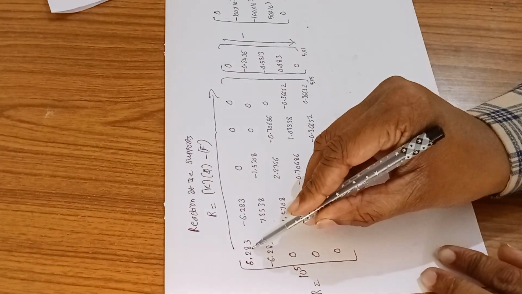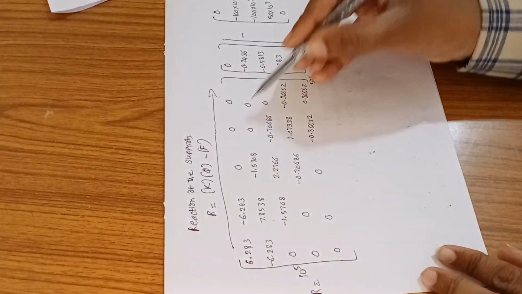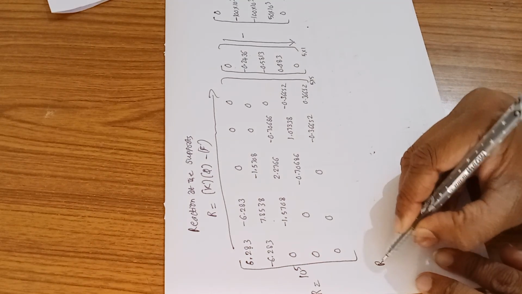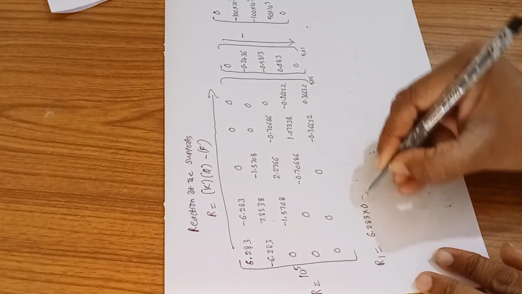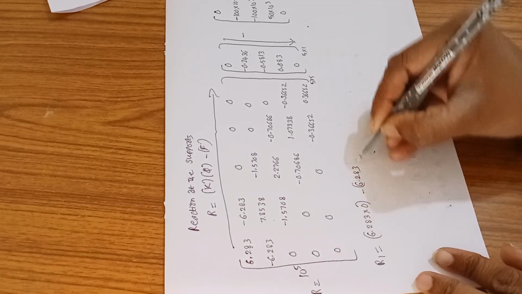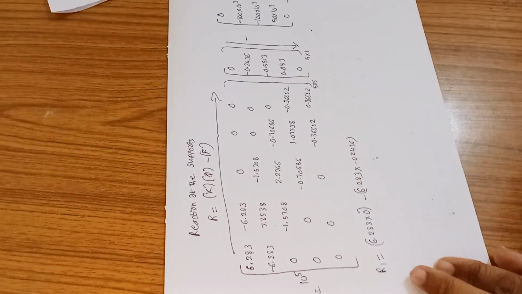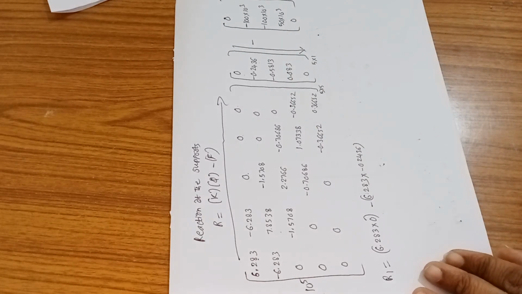So first row, I'm doing 6.283 into 0 minus 6.283 into this one. Third element into third element, fourth element into fourth, fifth into fifth. So R1 equal to 6.283 multiplied by 0 and minus 6.283 into minus 0.2436, and for the third, fourth, fifth elements you have 0, 0 and 0, so those will be 0 again.